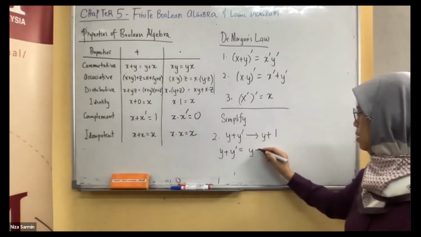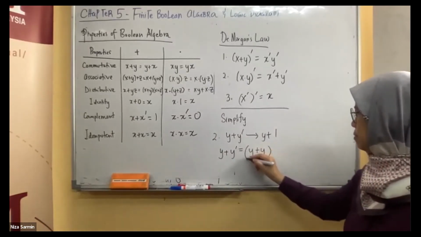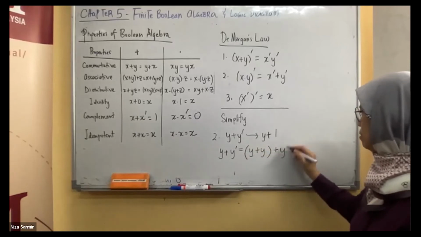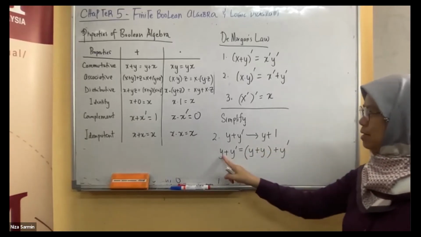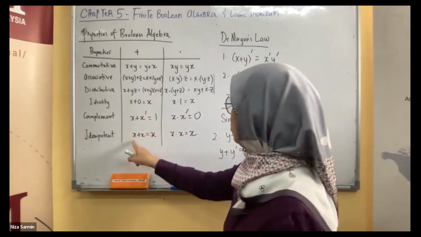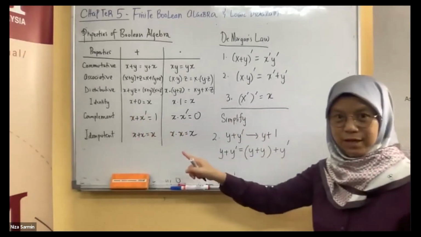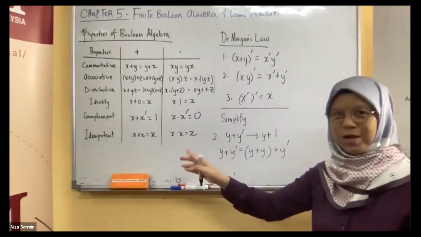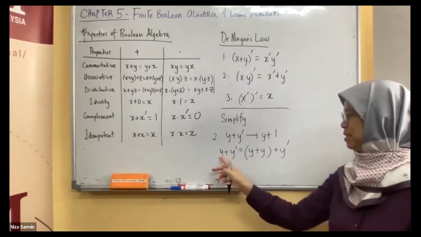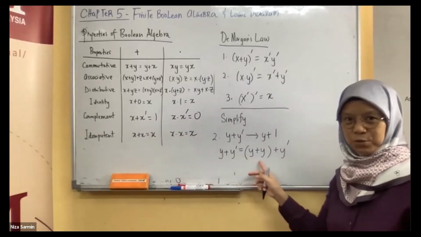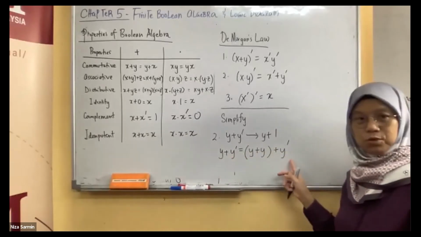Y is equal to y plus y, so just replace this y with y plus y. Y prime, you just write that.